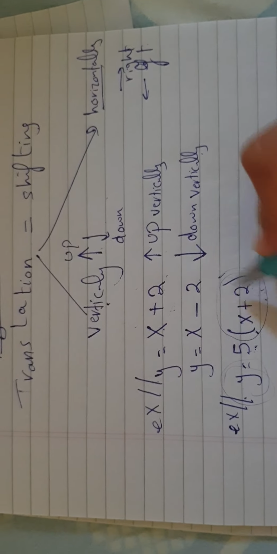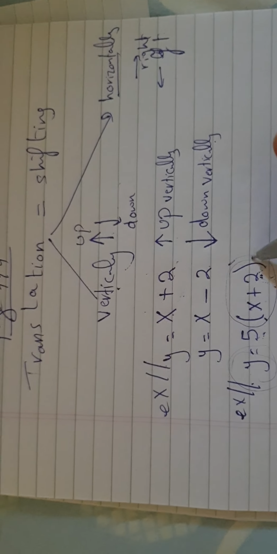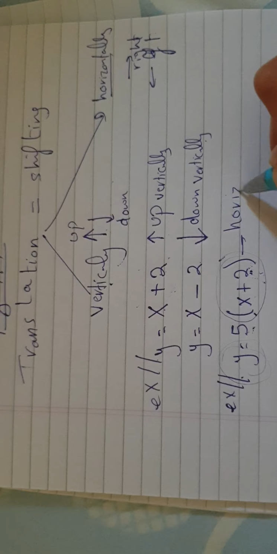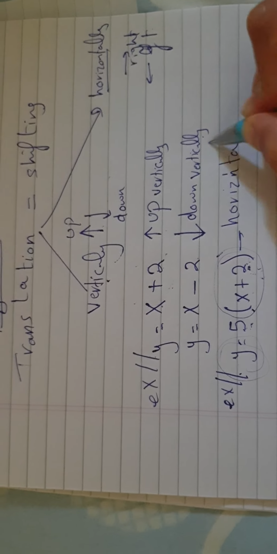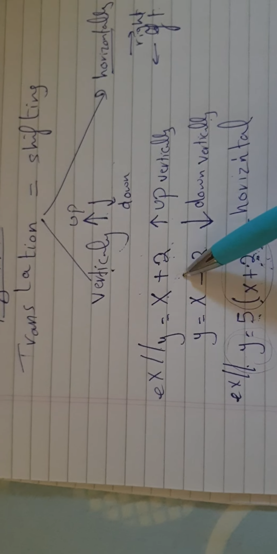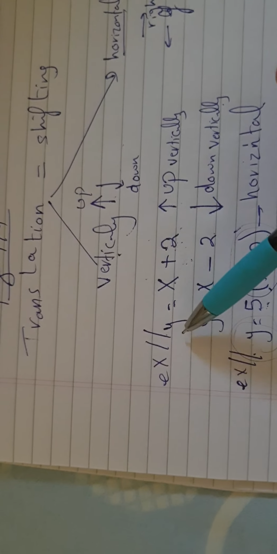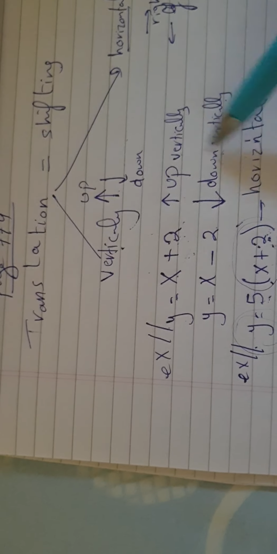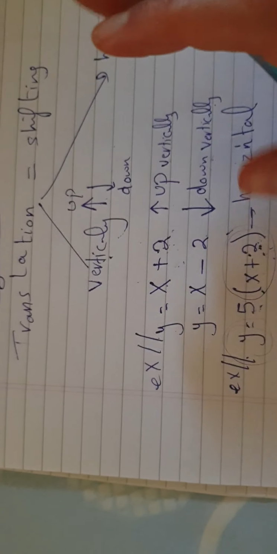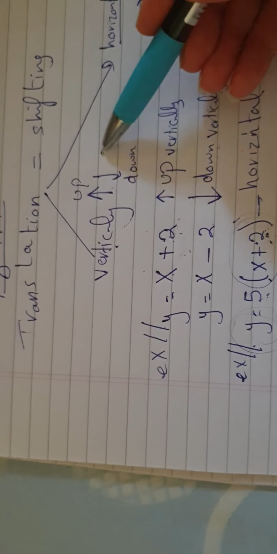In other words, when you are applying a bracket like this and you are adding a plus or minus, this is called horizontal translation. The main difference between this and this is that here there is no bracket. When there is no bracket, this means that the translation is happening for y. So it's up and down. You can draw x as it is, and then you are going to add a 2 to the x. So you are translating up and down.